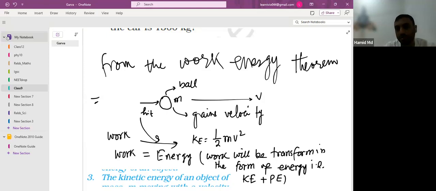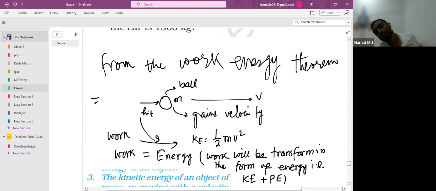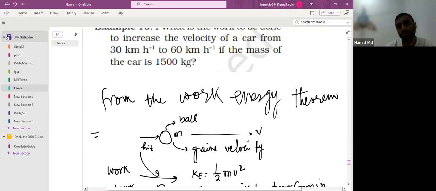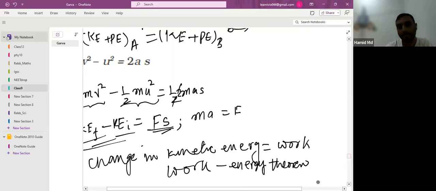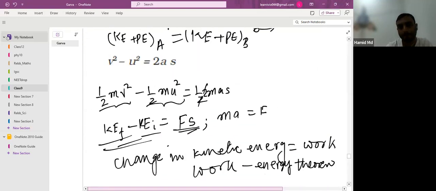So that's why we solve this equation. Note it down or take the screenshot. When we solve v square minus u square is equal to 2as, we multiply it by m and divide by half. So we see that half of mv square is kinetic energy.